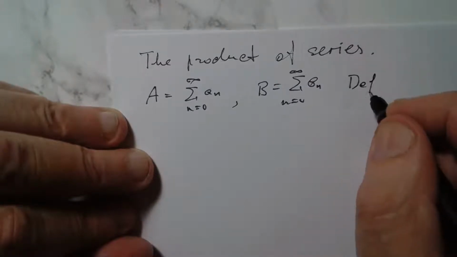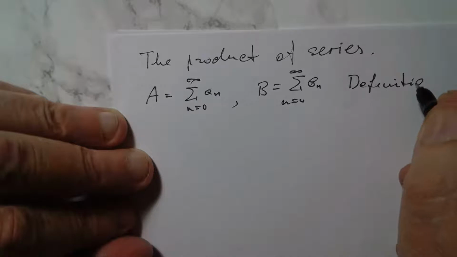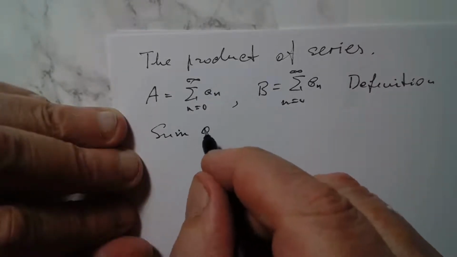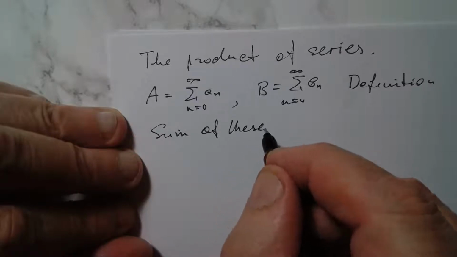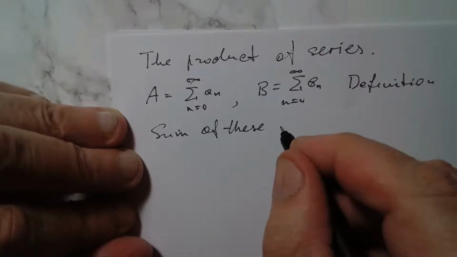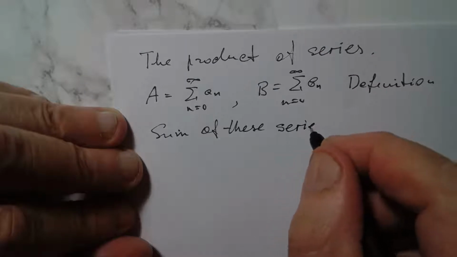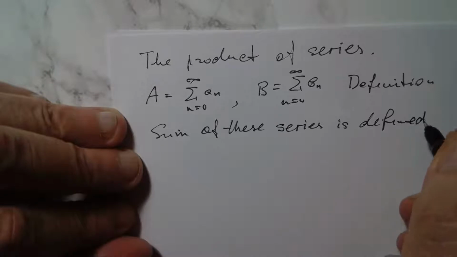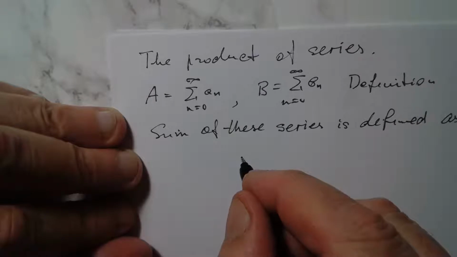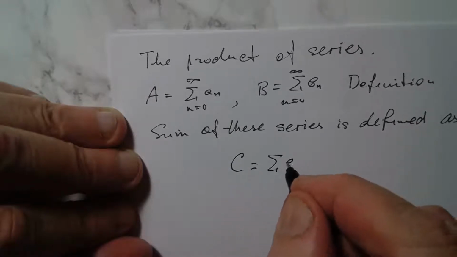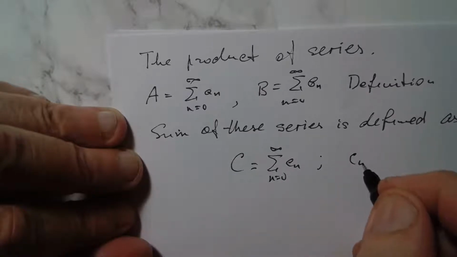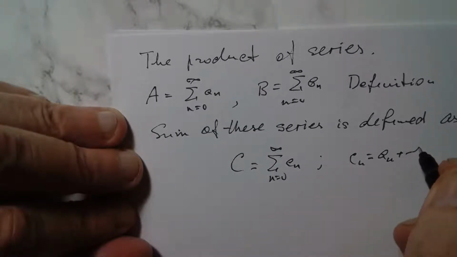So this is a definition, that the sum of the series is defined as C, which is the sum of Cn, where Cn equals An plus Bn.